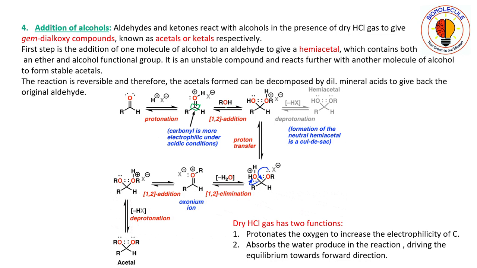So now, this alcohol oxygen has a lone pair of electrons. This lone pair of electrons will go and attack this carbonyl carbon. So you are getting this OH, and this ORH.